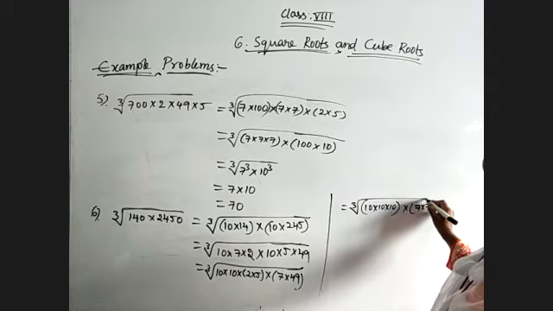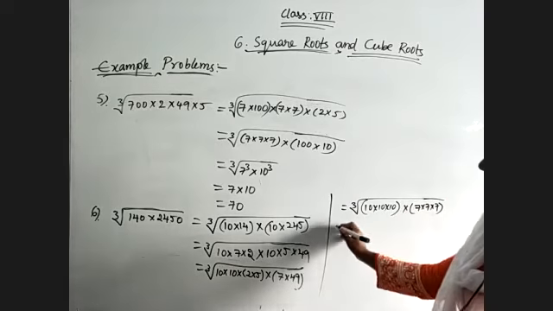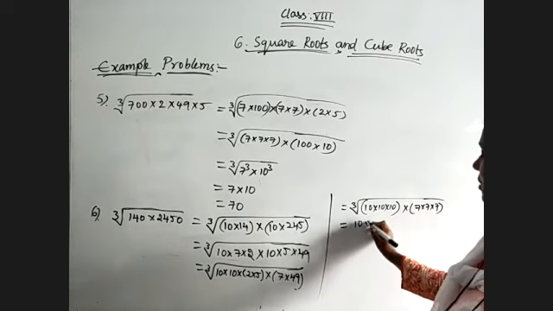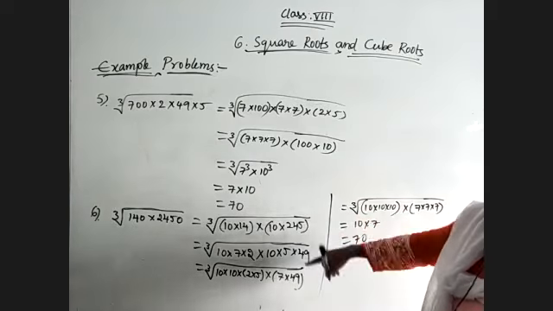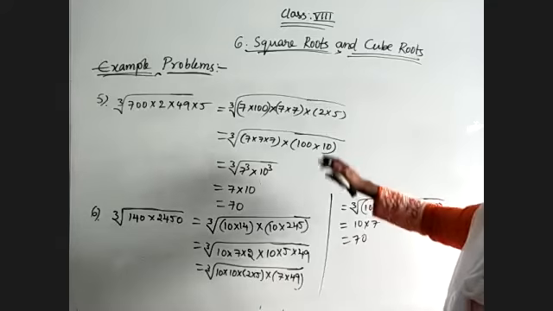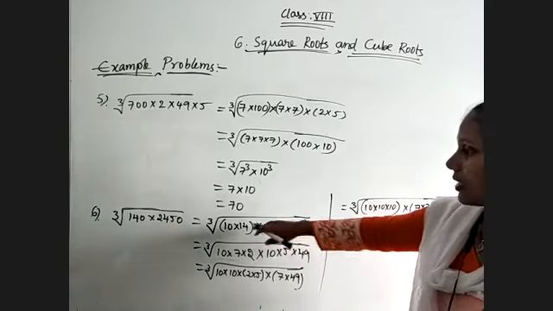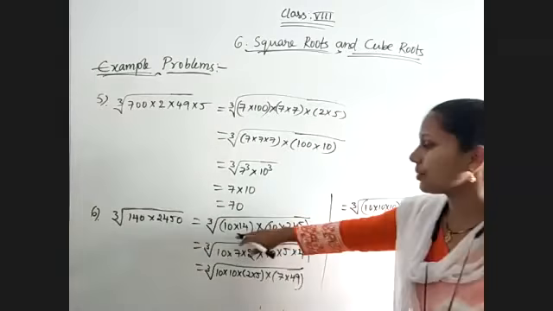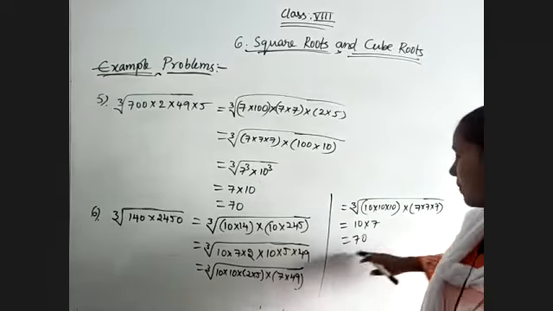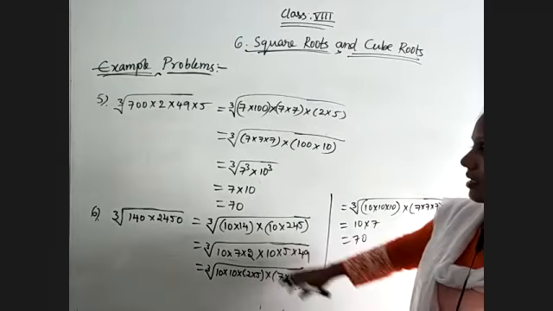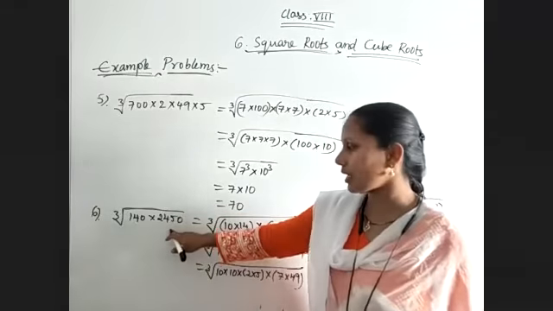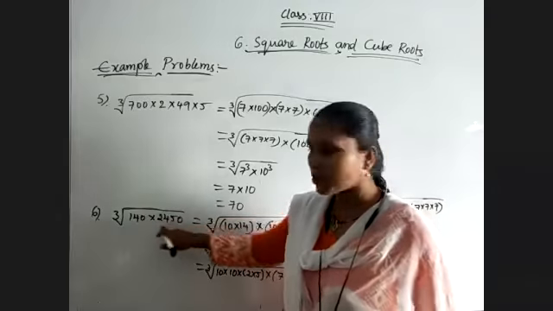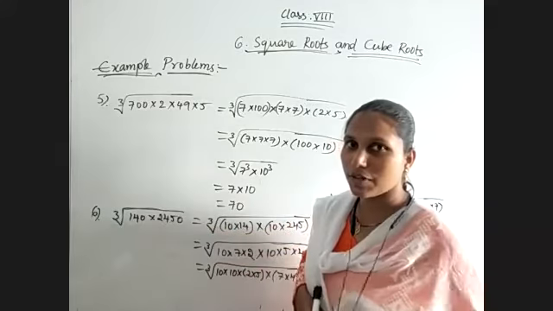Means in cube root for every 3 numbers we can write outside the one number, so 10 into 7, which is nothing but 70. Same answer, just observe. Only one thing you need to elaborate, that whatever values are given, try to write their prime factorization, then you will get the answer. Instead of this, take the prime factors of 140, prime factors of 2450, and after that write together, then you will get the simplified form also again.